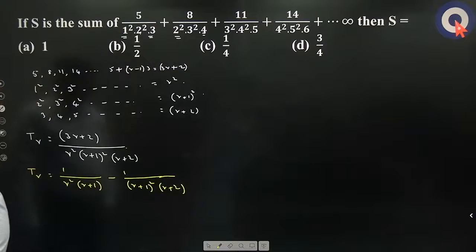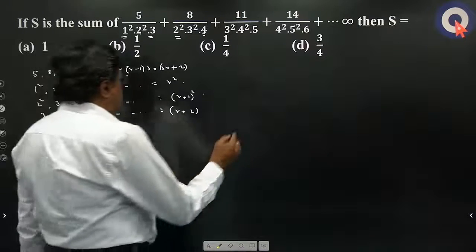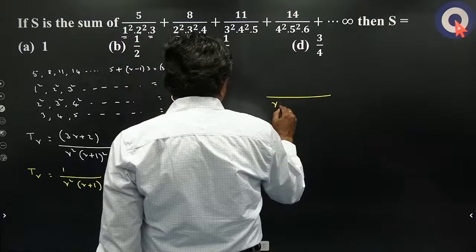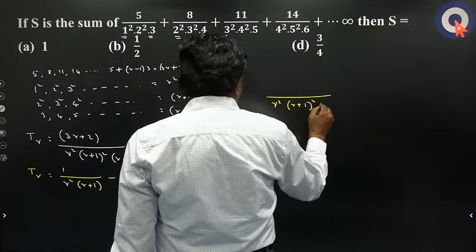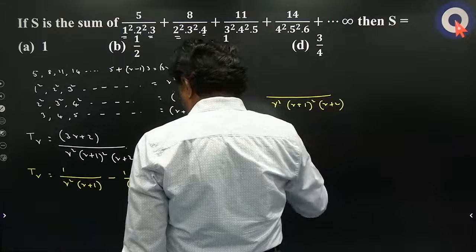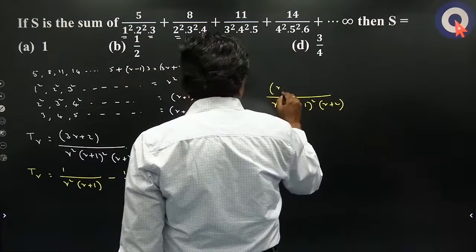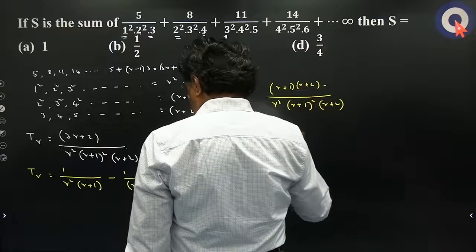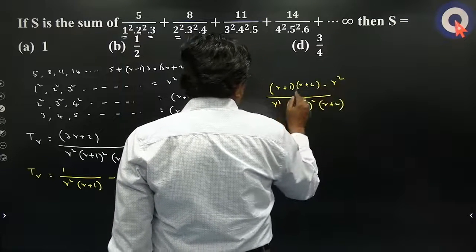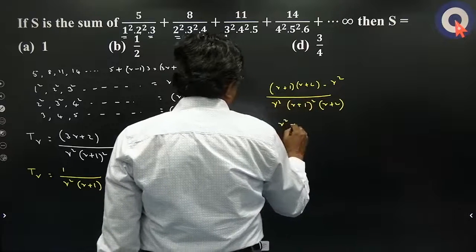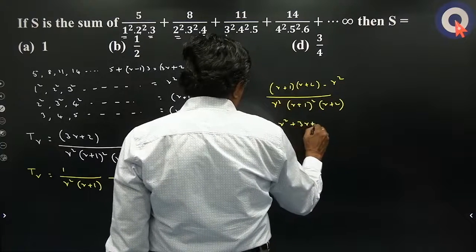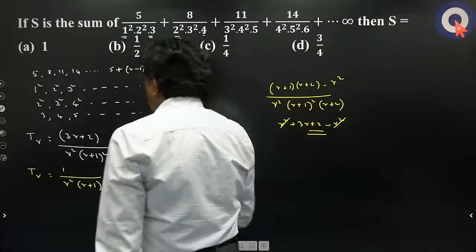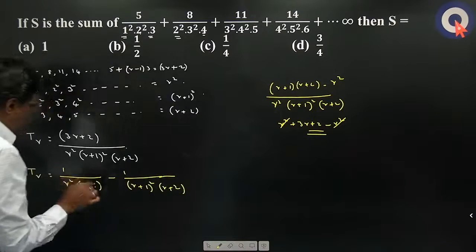Typically if I take the LCM here, we can check whether it works or not. So you have r square, r plus 1 whole square into r plus 2. So you have r plus 1 into r plus 2 here minus r square. You can see in the numerator r square plus 2r plus r, 3r plus 2 minus r square. So you get your 3r plus 2 in the numerator. Therefore, the way that we split, it works.